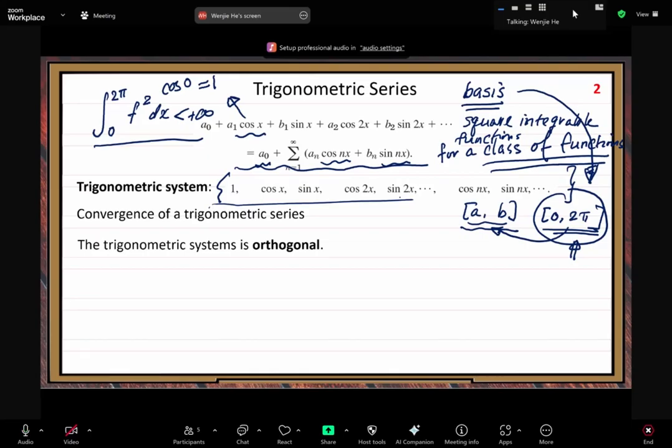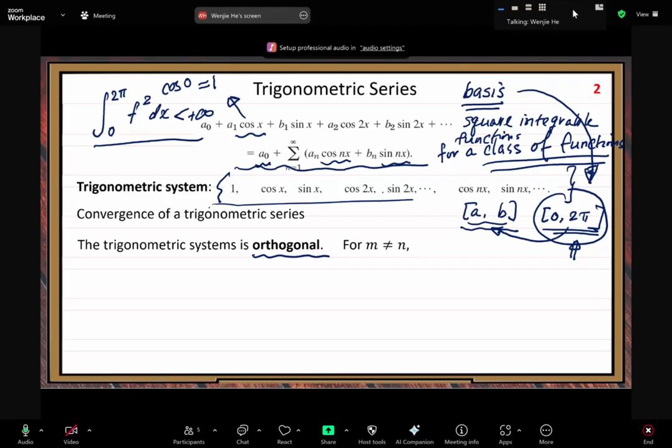There is another concept called orthogonality. So what's orthogonal? Perpendicular. Geometrically, in math, if you look at it from the geometry, perpendicular means orthogonal. The definition is like this: you take the integral of the product of two functions in the system.